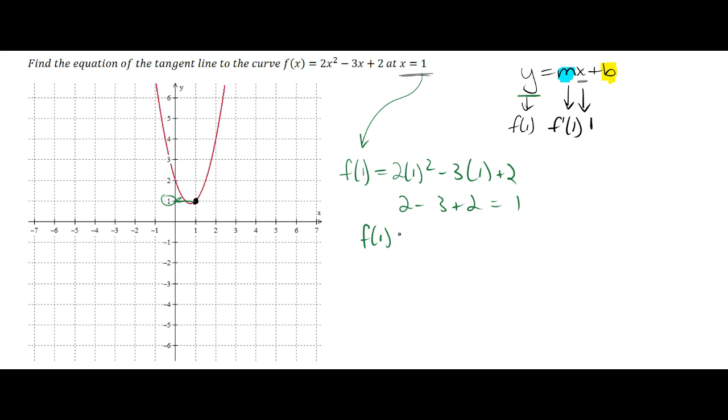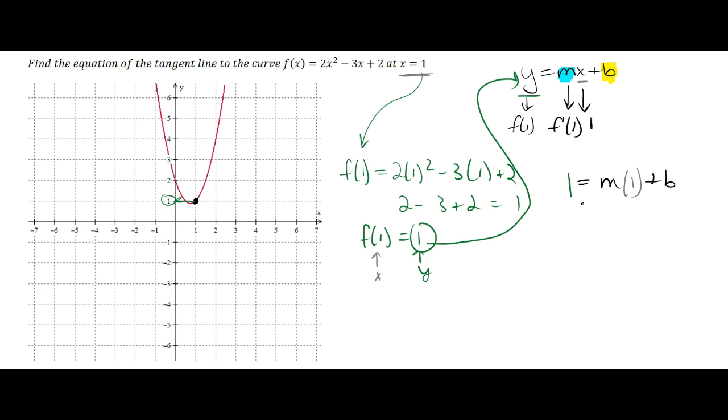So we know that the f of 1 is 1, which means that when the x value is 1, the y value is also 1. So then we can go ahead and substitute in the 1 here. And what we have here is 1 equals m. X happens to also be 1 in this case, plus the b.